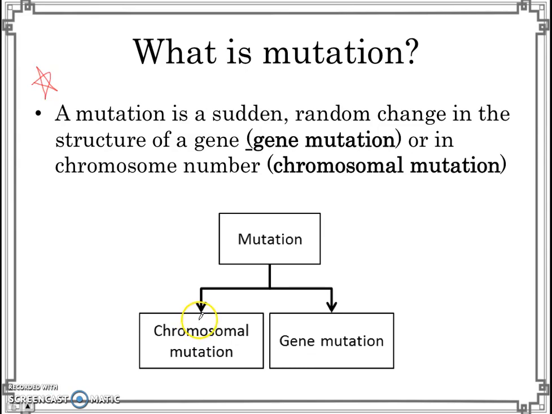So that's abnormal. It's a mutation. On a smaller scale, we have gene mutations. So for gene mutations, usually the person has a normal number of chromosomes, like 46. However, one of the genes on one of the chromosomes is mutated. It has a change in its structure. So that's a gene mutation.